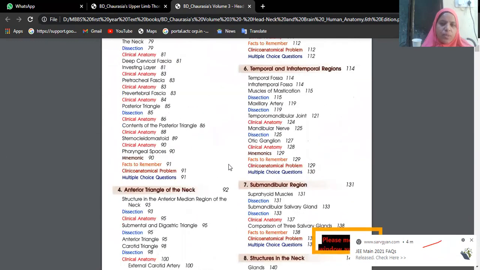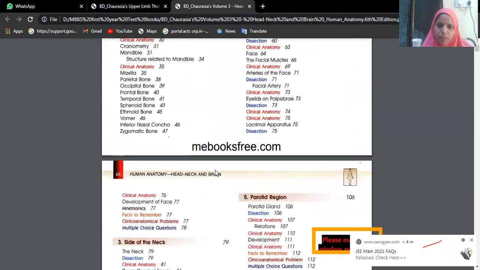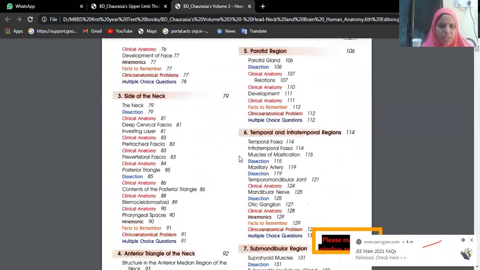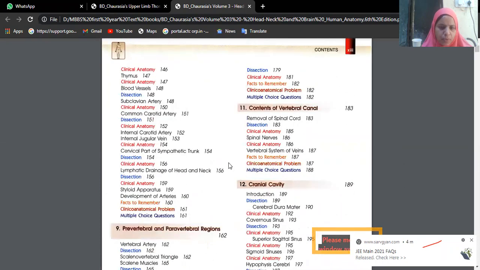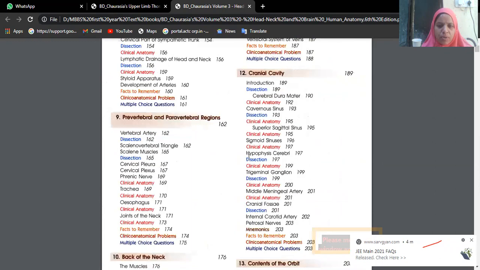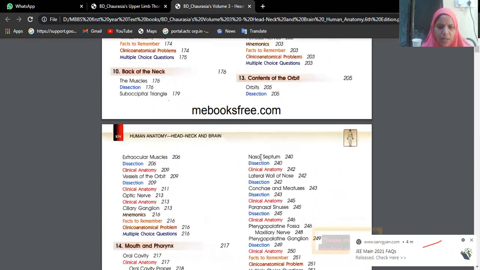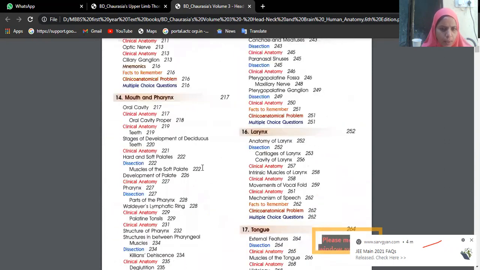What are the two folds in between which palatine tonsil is situated? Palatoglossal arch and palatopharyngeal arch. What are the muscles we have there? In the palatoglossal arch, we have palatoglossus. In the palatopharyngeal arch, we have palatopharyngeus muscle, isn't it?